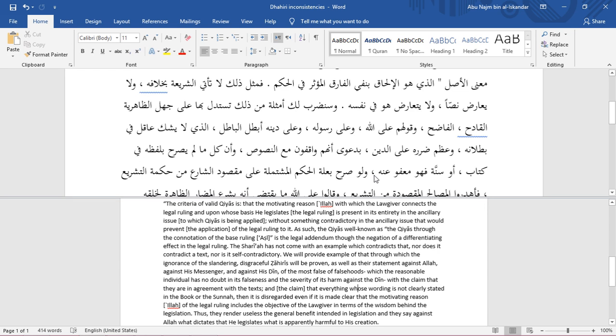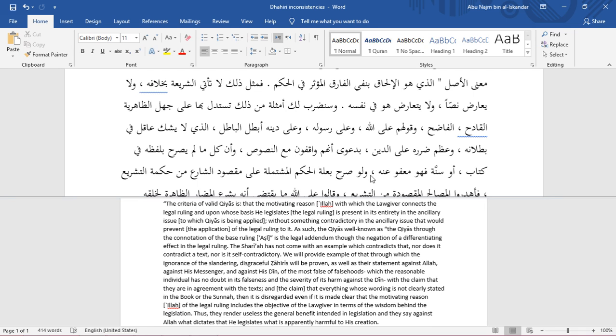Then it's disregarded, even if it is made clear that the motivating reason behind the legislation, the motivating reason of the legal ruling, the hukm, includes the objective, maqsood al-shari, the objective of the lawgiver, in terms of the wisdom behind the legislation.